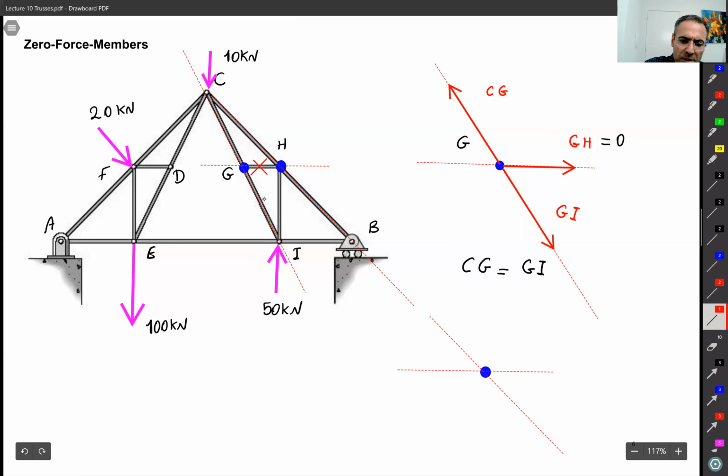So let's draw the forces for this H as well. And this one also is a vertical line that we have. Okay, what do we have for point H? We assume that GH is gone. We don't have that one. So we have HB here then. We have HC, and we have HI here.